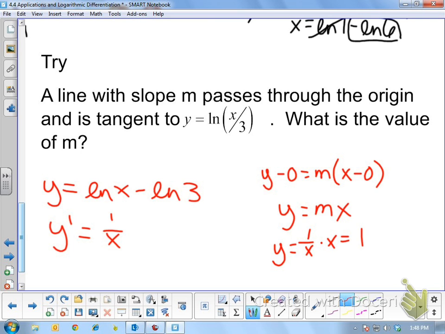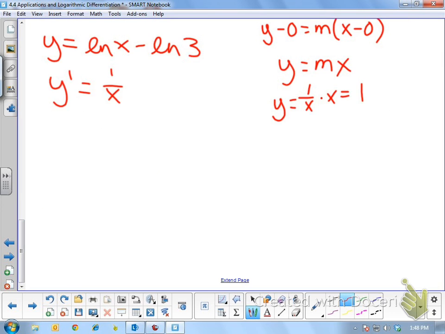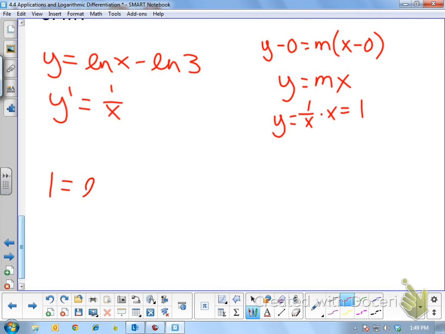So now I know a y value. And what I specifically want to talk about is how we find our x value. There's 2 different options. We still have to use the equation. We could write it as 1 equals ln x minus ln 3. Or we could go back to the original, 1 equals ln x divided by 3.